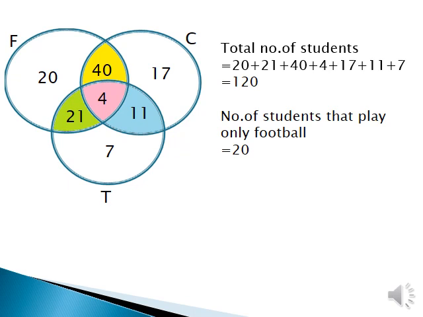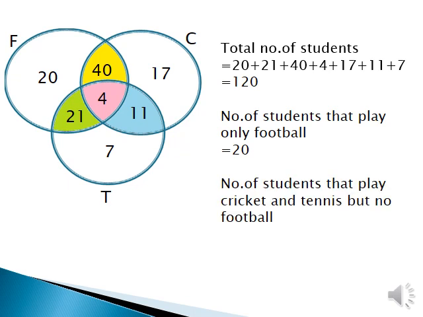Cricket and tennis means this pink and blue section, but they have given the condition no football. It means the middle section of 4 students we are not going to consider. So the number of students that play cricket and tennis but no football is only 11.